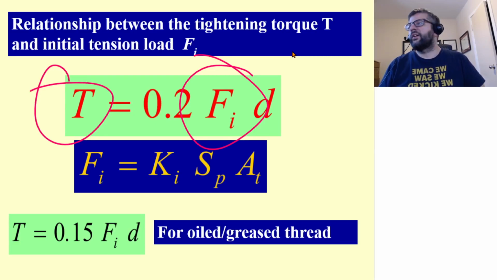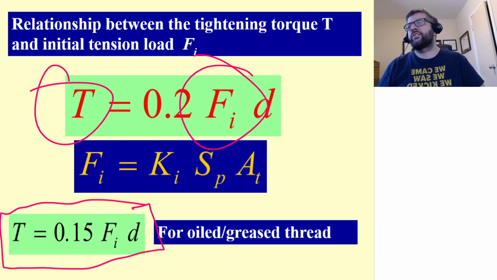If we want to solve for Fi, then Fi would be equal to the torque applied divided by 0.2 d, where d is the nominal diameter of the bolt. If you're using oiled or greased threads, then less torque needs to be applied in order to tighten it up. So just keep that in mind as well.